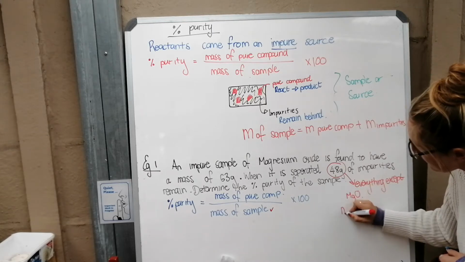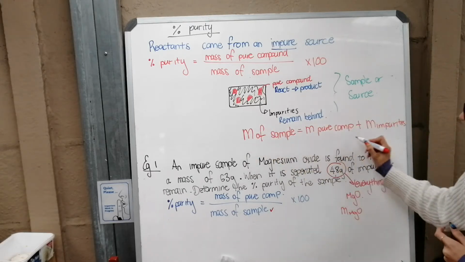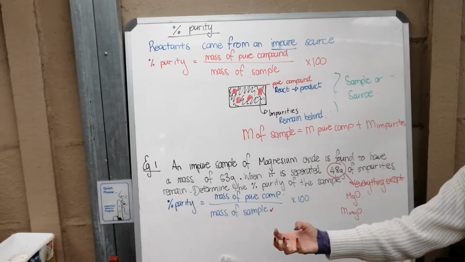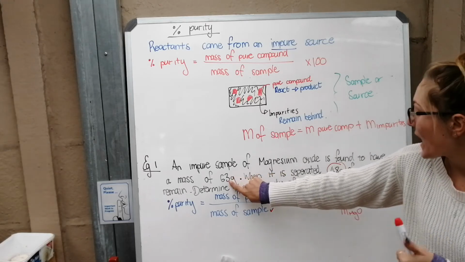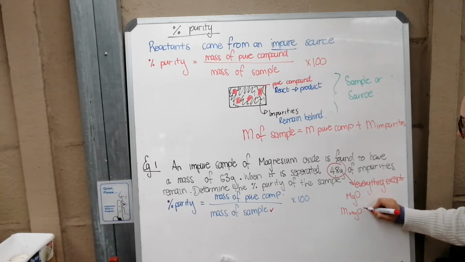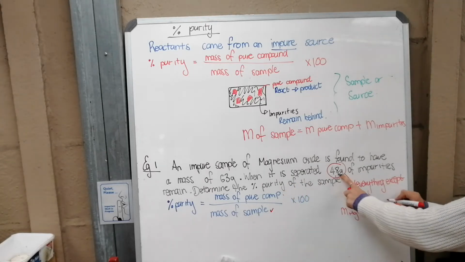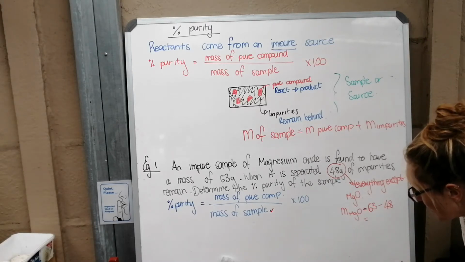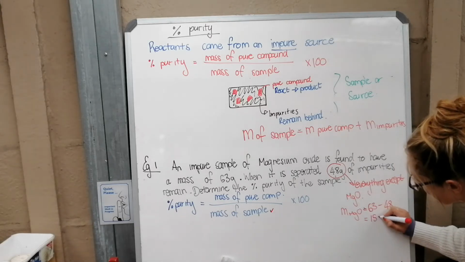Which means if we want the mass of magnesium oxide, we're going to have to use this logic step here, the fact that the mass of the sample is equal to the mass of your compound and the mass of your impurities together. So if we have the mass of the sample and we have the mass of the impurities, we can find the mass of our compound. It's going to be the mass of our sample, which is 63, minus the mass of our impurities, which is 48, which means the mass of our pure compound is 15 grams.